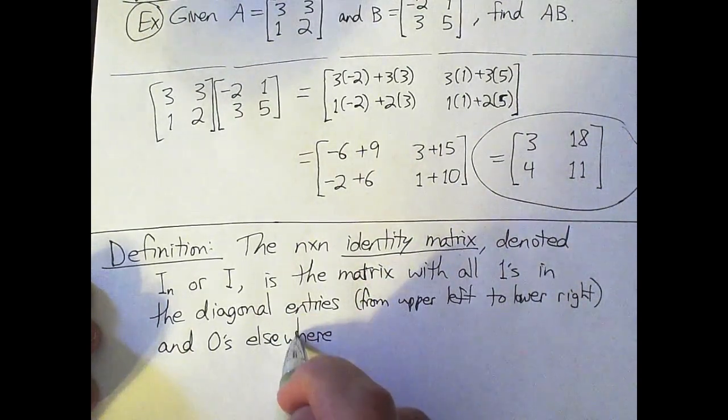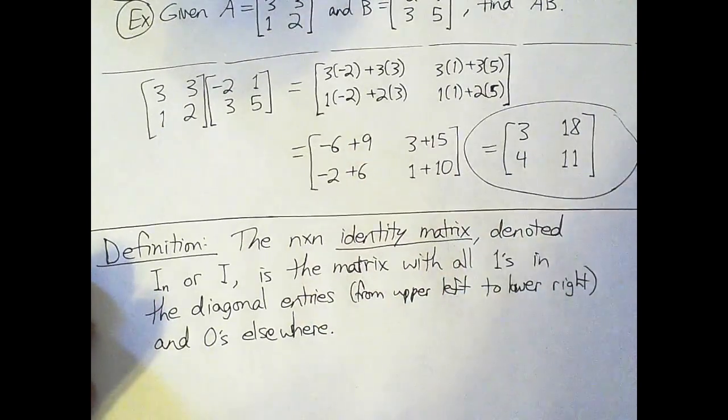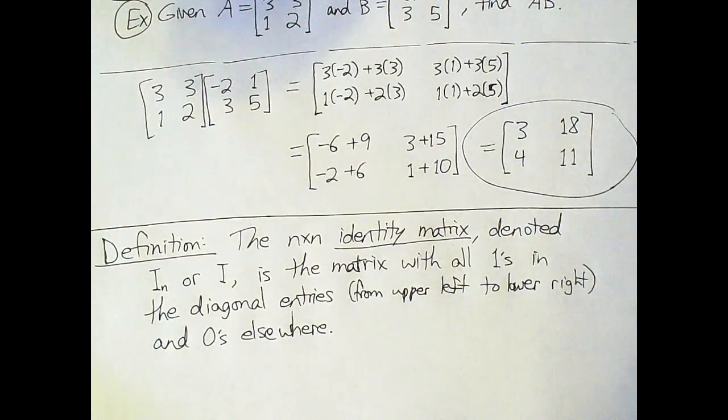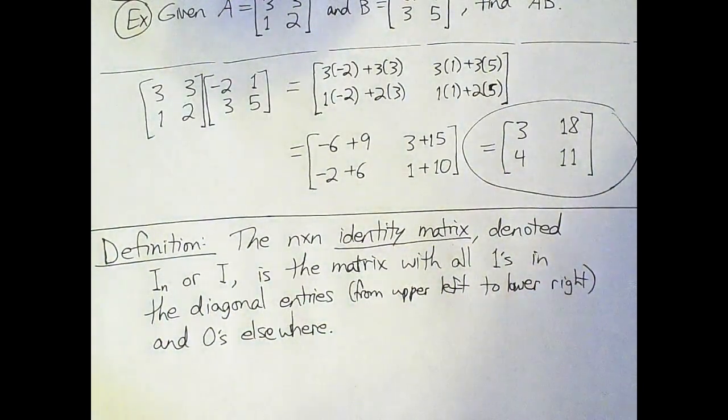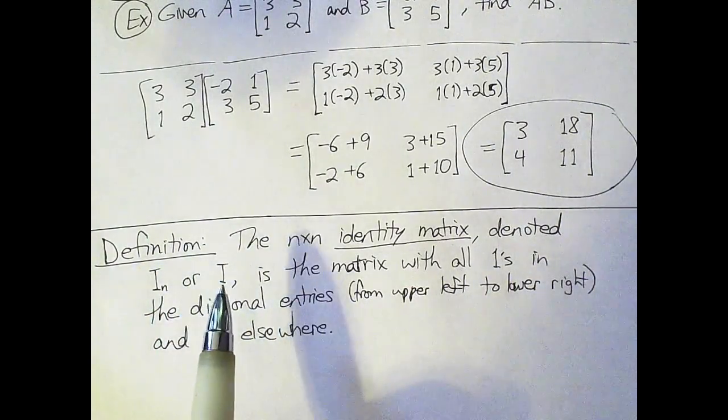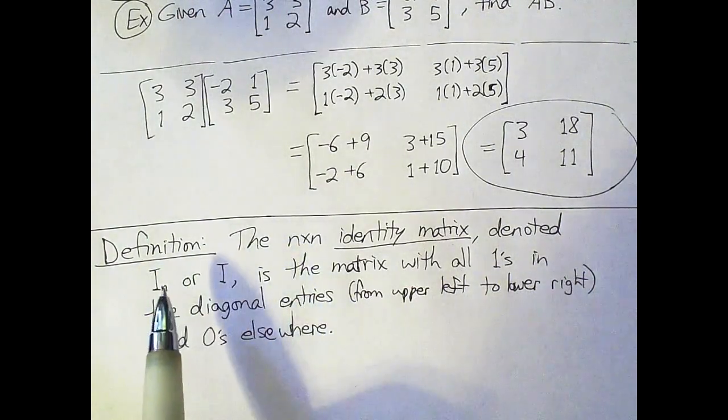So let me show you some examples of this. This is a specific matrix that turns out to be pretty important, so it gets its own name, the identity matrix, and it has its own notation. It's written with a capital I, or an I with a little subscript n.